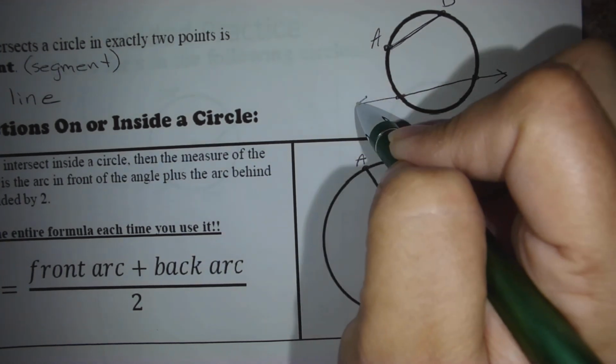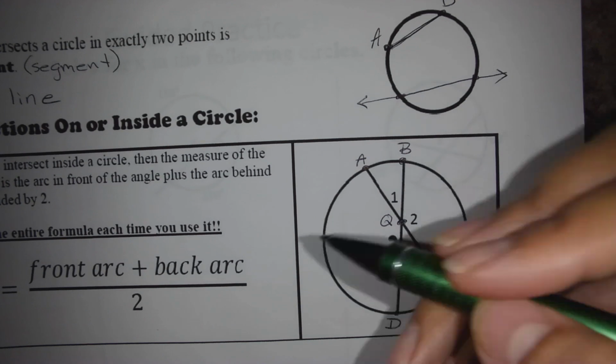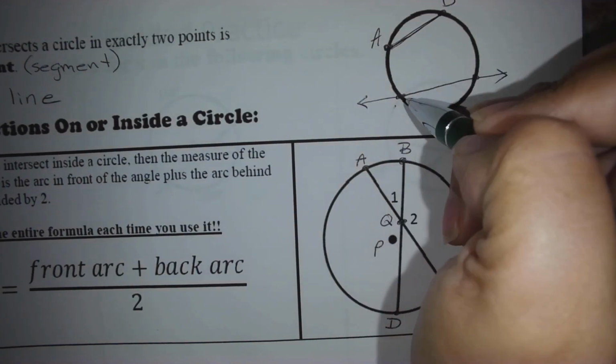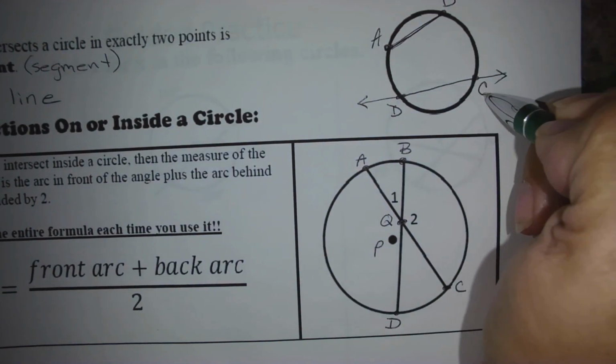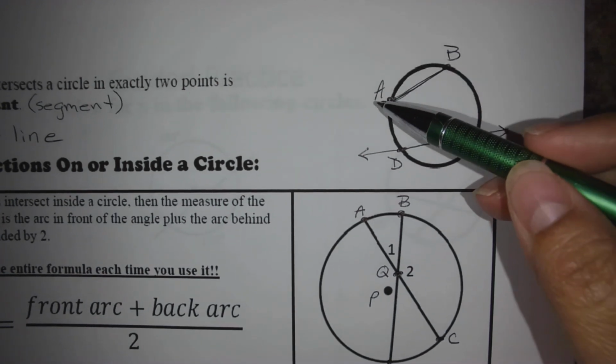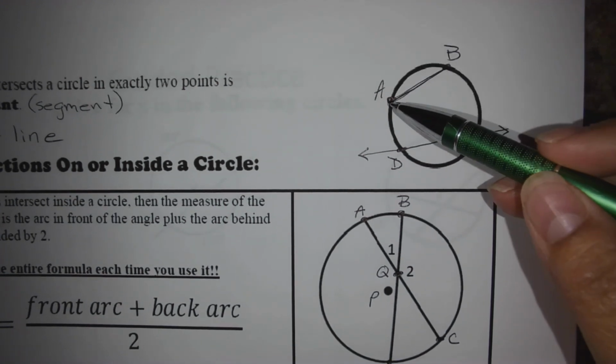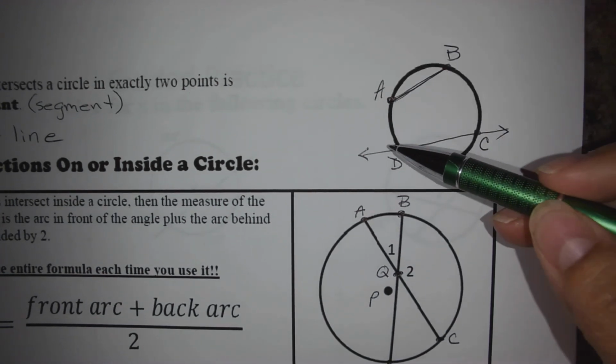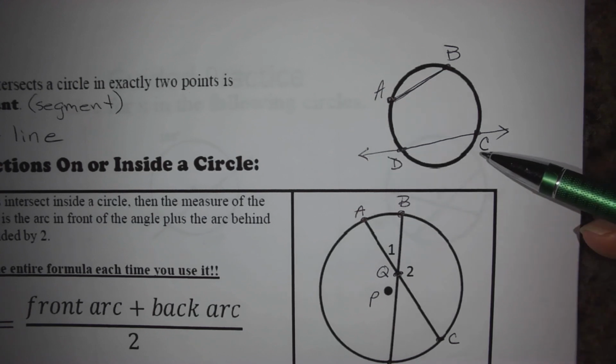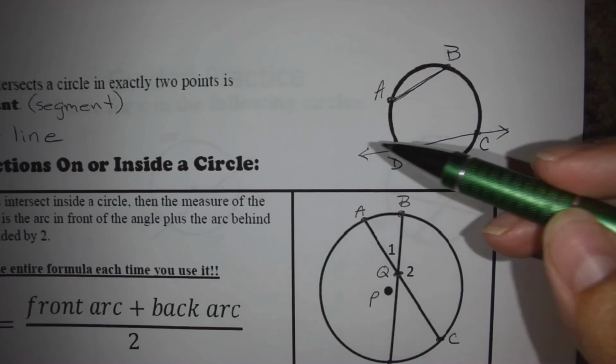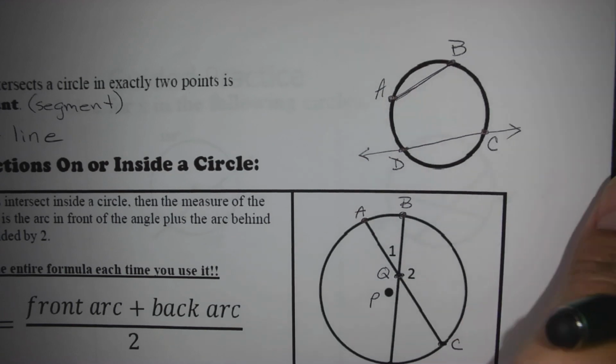Remember, this one has 2 arrows, and it keeps going beyond the circle. We're going to call this one D and C. So AB is a secant. CD or DC is a line, a secant line. So keep these in mind.